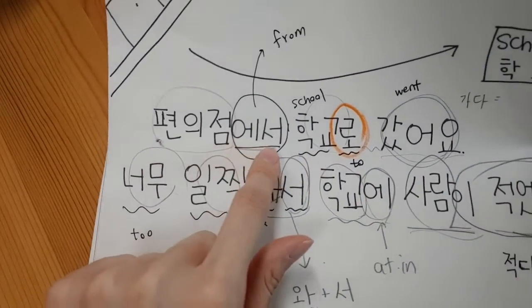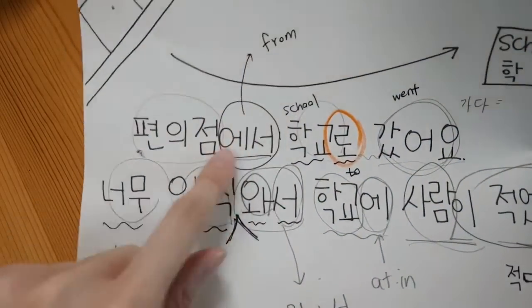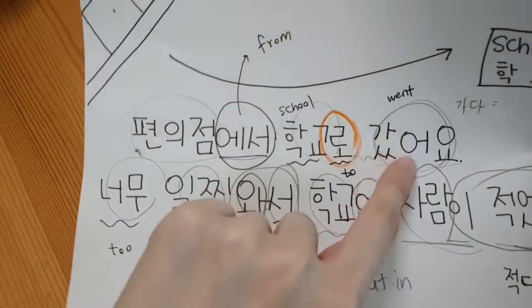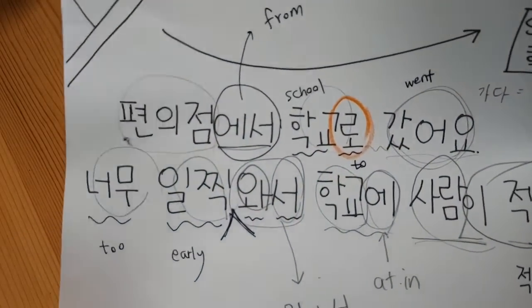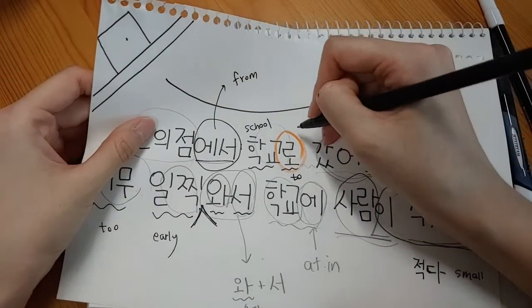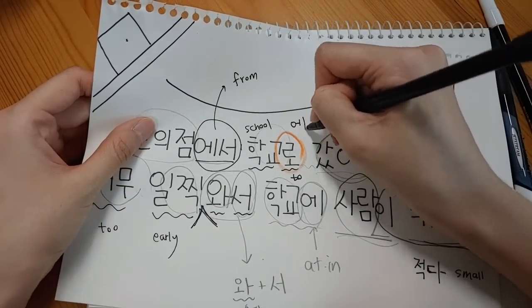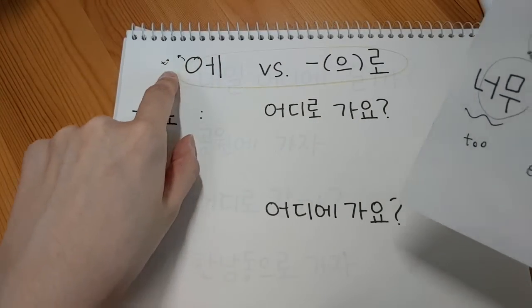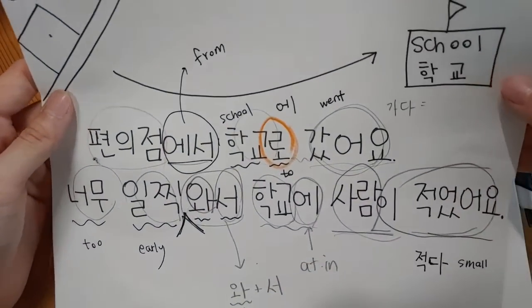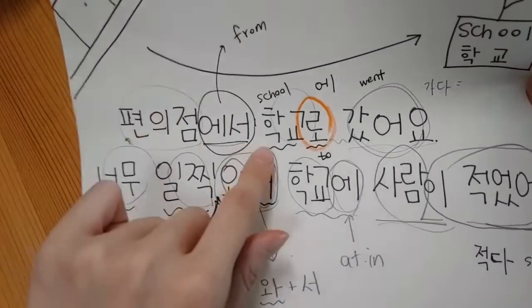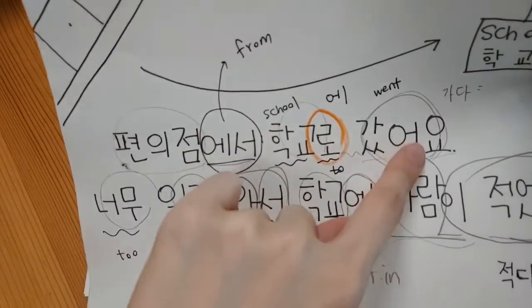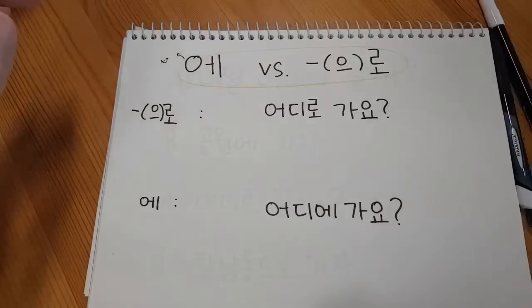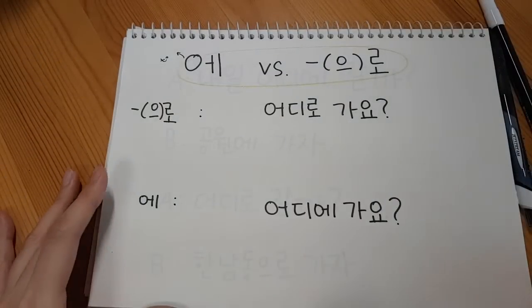So 편의점에서 학교로 갔어요 means from the convenience store I went to school, right? But how about I change 로 to 에? Because didn't you say 에 also means to? However, it is wrong to say 편의점에서 학교에 갔어요. Because there's a reason, of course.